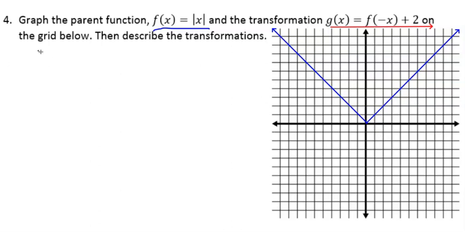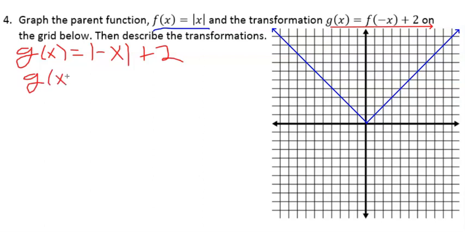If we were to write this out, our new transformation graph would be g(x) equals the absolute value of negative x, close the absolute value sign, and then plus 2. And this would be the same thing as g(x) equals the absolute value of x plus 2. If we're looking at a stationary graph, these two images would look the same.